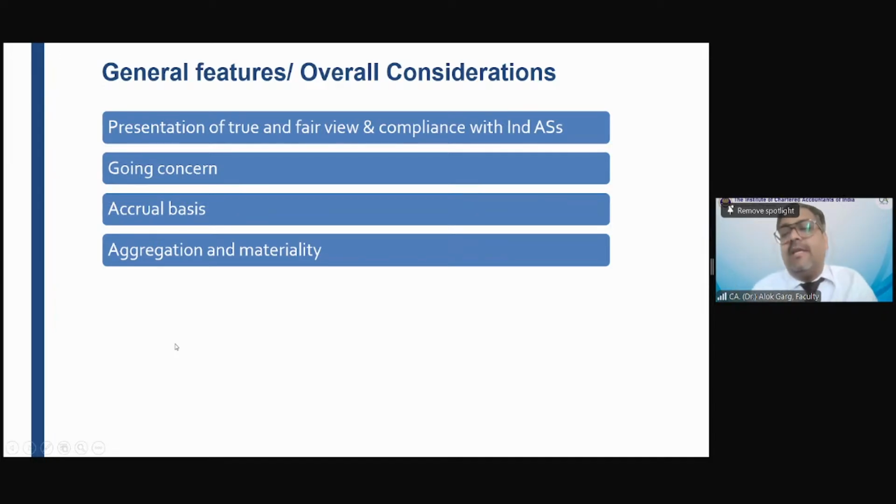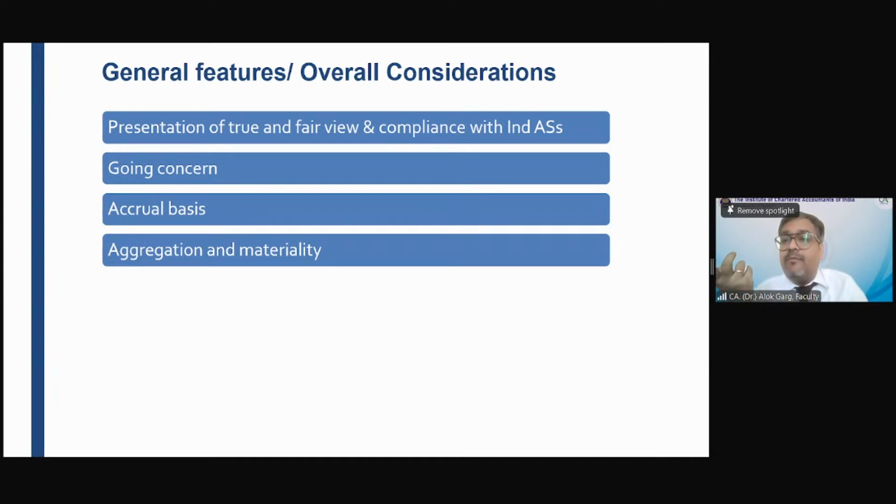Second, all the immaterial items need to be aggregated. For example, you are not presenting every small line item in the P&L or the balance sheet. A few items you are aggregating, for example, other current assets, other non-current assets, other income, other expenses, correct? So this is the concept of aggregation.